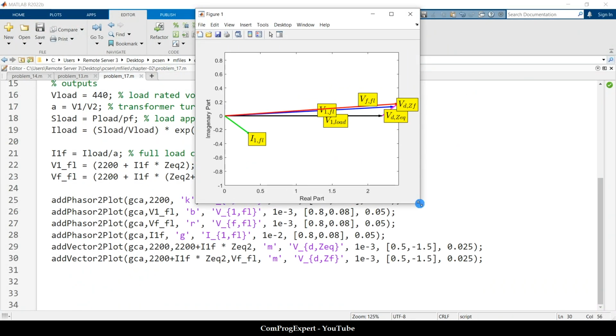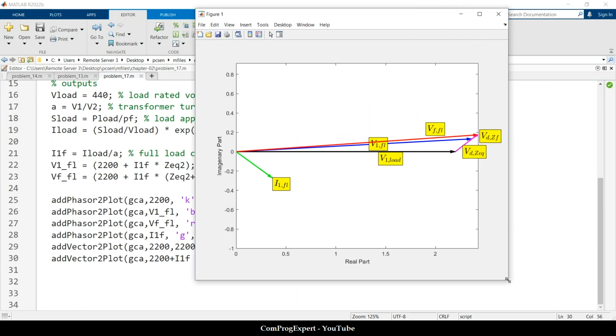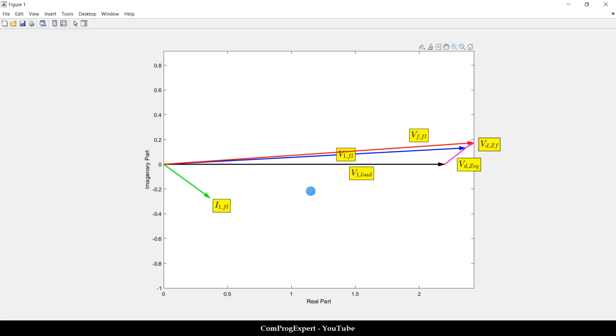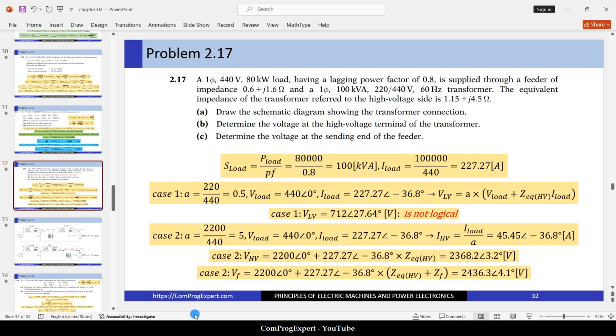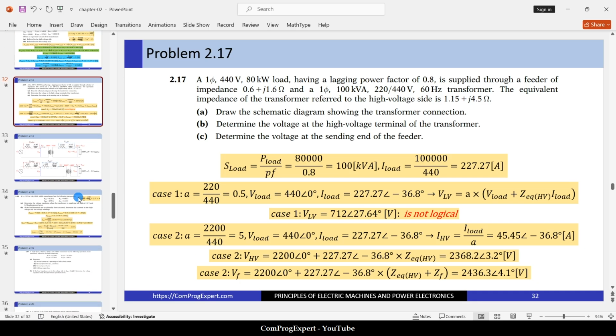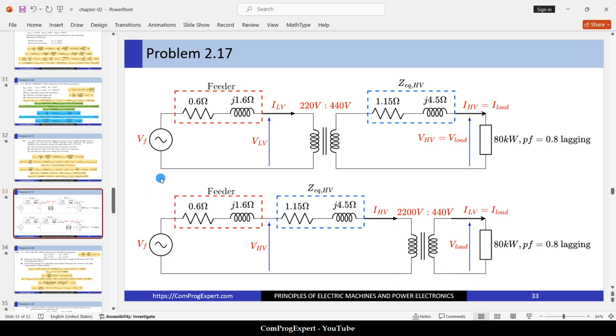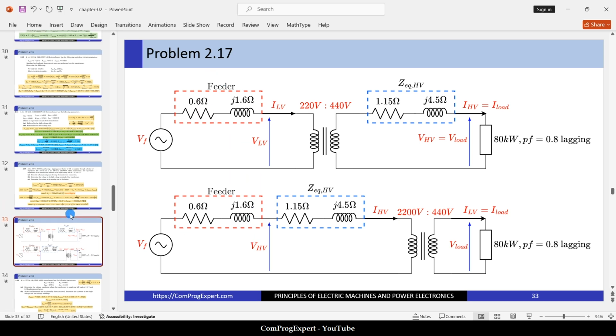Anyway, you can repeat the same analysis and generate this phasor diagram also for this problem. Also consider that we solved this problem considering two cases.